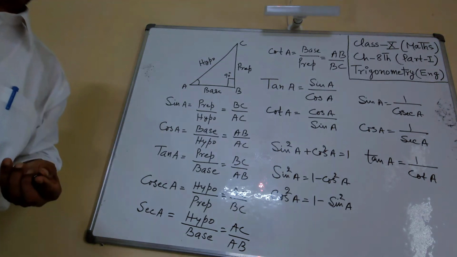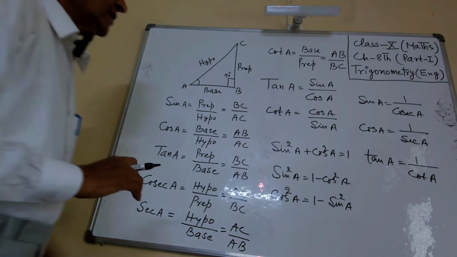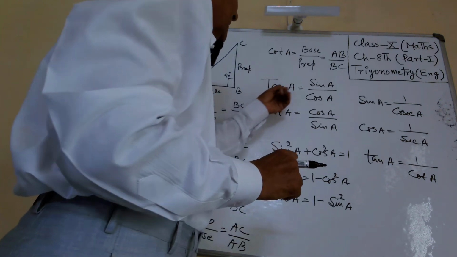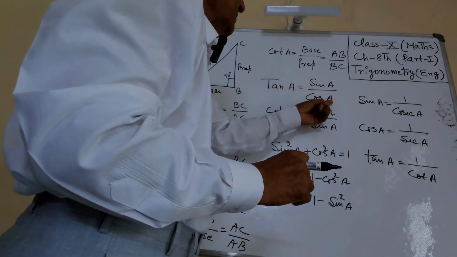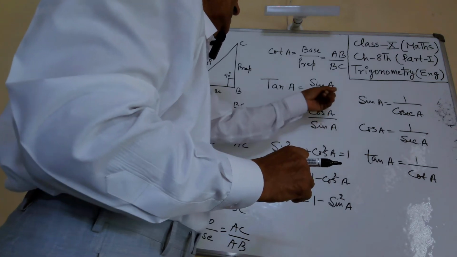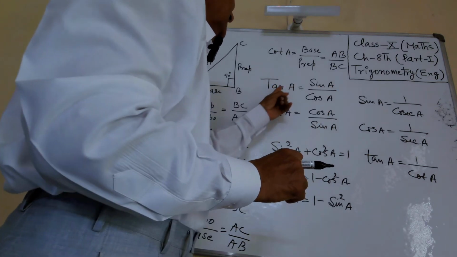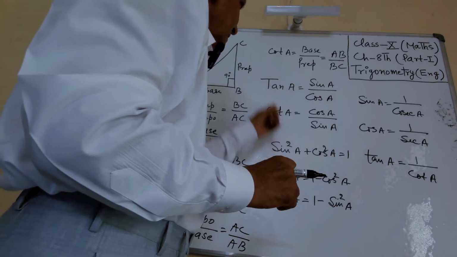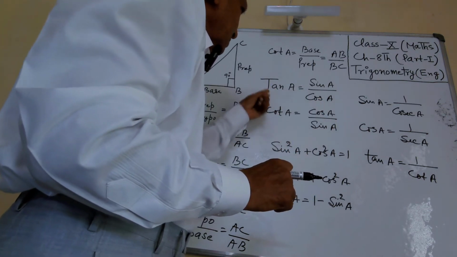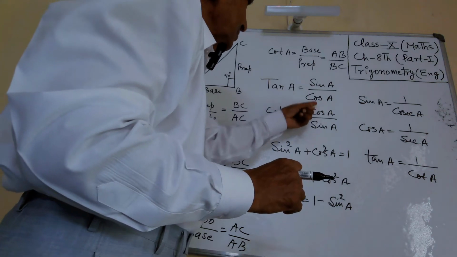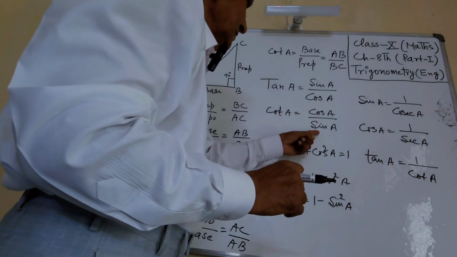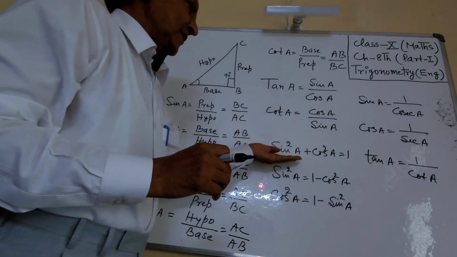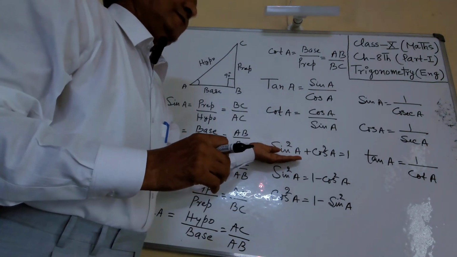So, one thing I want to make clear, tan A is equal to sine A upon cos A. My dear student, learn this formula. Tan A is equal to sine A upon cos A. Cot A is opposite of tan A, so here you see cos A upon sine A. And one more formula you have to remember.